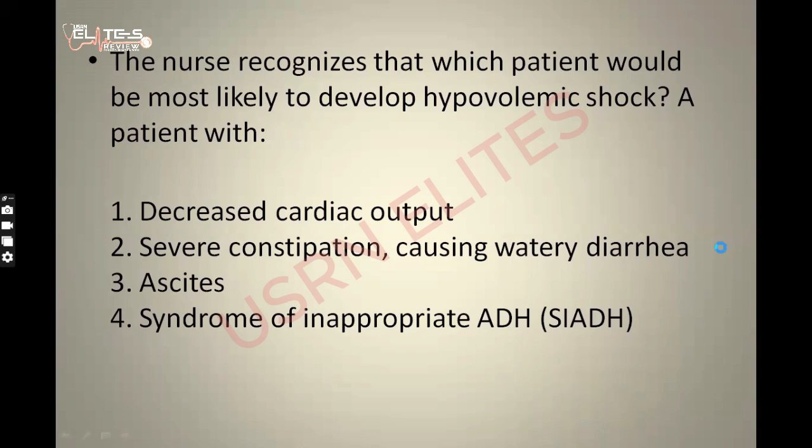Hello, sir. RN Comfort. So I am thinking of 4, even though I don't have confidence, but this is my explanation. If the patient is to have appropriate antidiuretic hormone, it means the patient will be able to conserve some fluid from the kidney.